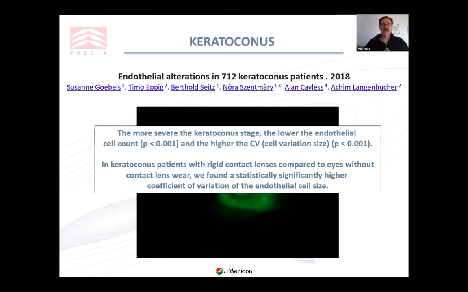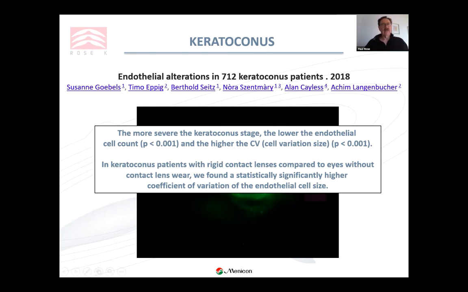It means as keratoconus advances, your endothelial count gets less, and also your polymorphism, the size variation of those cells, gets greater. And we know with corneal lenses that these changes take place over years, and eventually you get cornea exhaustion and the patient can't wear lenses.